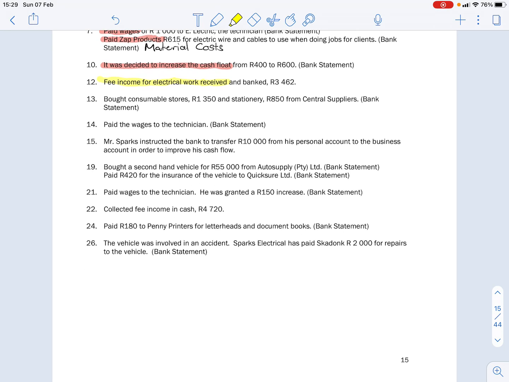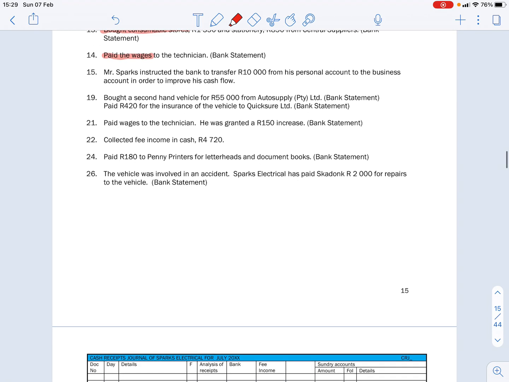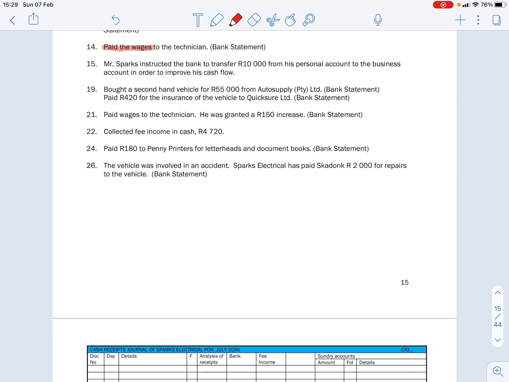On the 13th, we buy consumable stores for 1,350 Rand and 850 Rand for stationery from Central Suppliers. We are buying, so that will all be under the CPJ. On the 14th, we pay wages to the technician, CPJ.